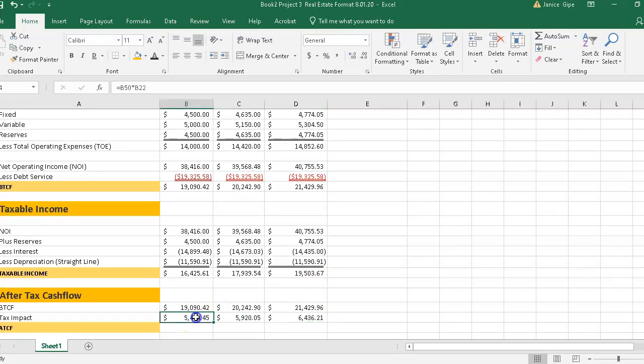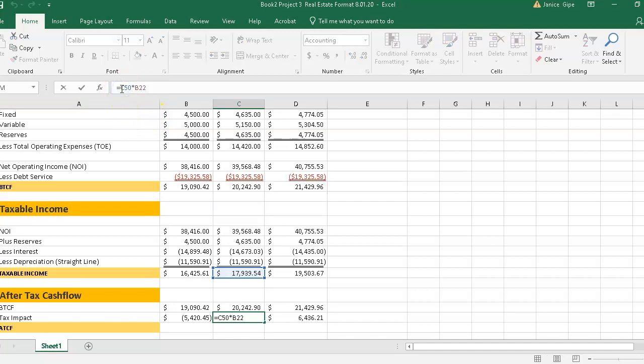And again, this number should be a negative number, and the whole way across, really, because it is an outflow.